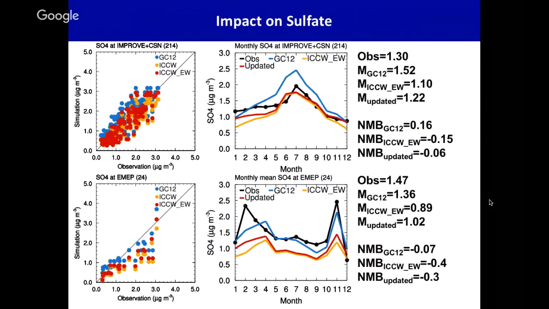And we also looked into the impact on sulfate, and we found that directly using the updated scheme will cause the underestimate of sulfate over the United States and over Europe. But we applied some upgrade of the cloud pH calculation and the rainout efficiency of aqueous chemistry mass, and this bias has been successfully reduced.